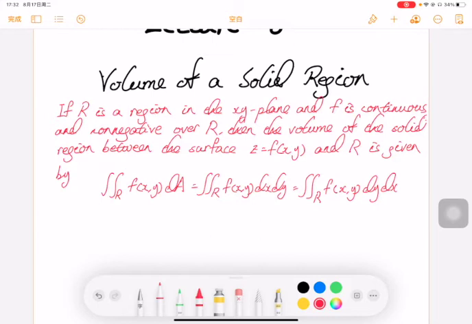You find the boundaries for this R: what's the upper bound, the lower bound, the left, and the right bound. And then you set up the double integral. Say y is from x minus 2 to x squared, and x is from 4 to 6 or something like that. So you can't just calculate the integral over a region R directly. You have to go through the same process.